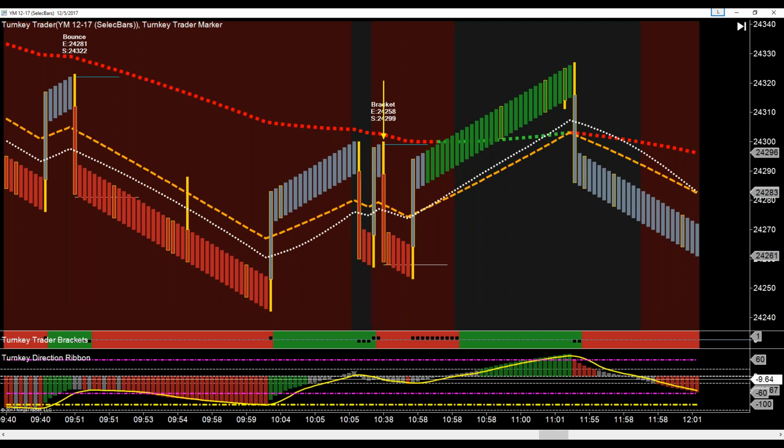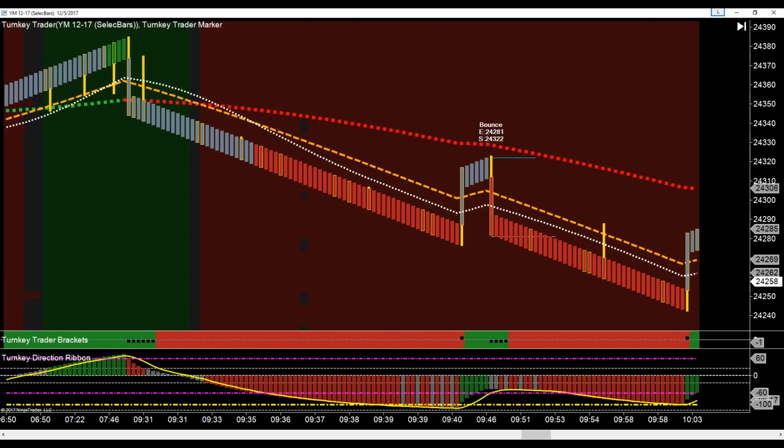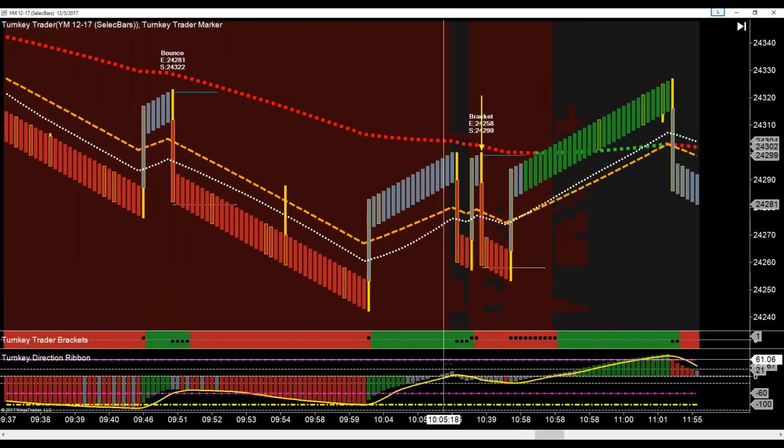The thing that would probably worry me is, no. I honestly just can't say that I would have avoided that one, really. I mean, it looks fairly decent. The yellow line did poke above the 0, but I honestly just think it's a qualified losing trade.